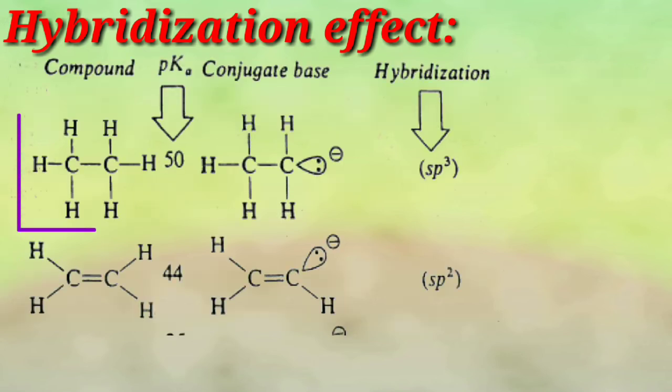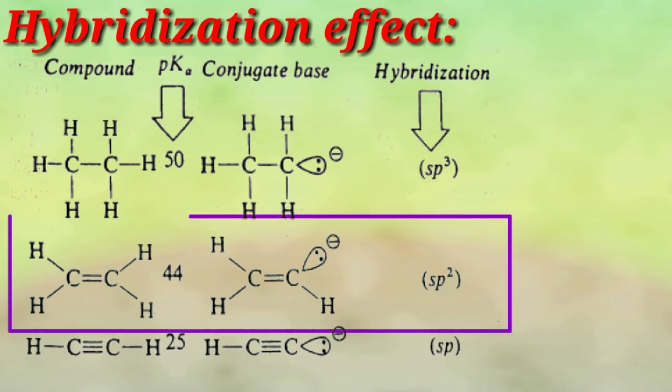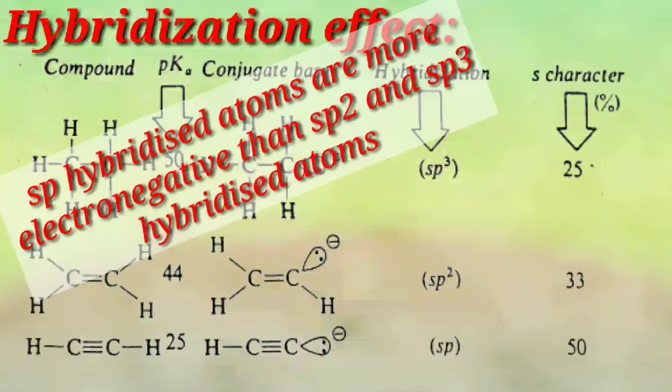The pK of ethane with an sp3 hybridized carbon-hydrogen bond is about 50. That of ethene with an sp2 hybridized carbon-hydrogen bond is about 44. And that of ethyne with an sp hybridized carbon-hydrogen bond is about 25. The sp hybridized atoms are more electronegative than sp2 or sp3 hybridized atoms.